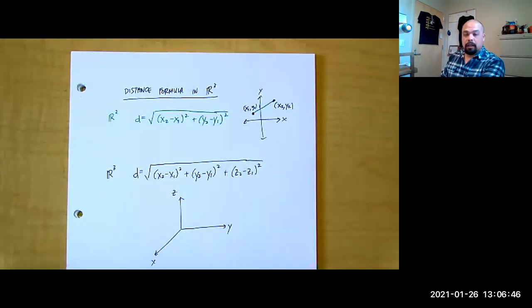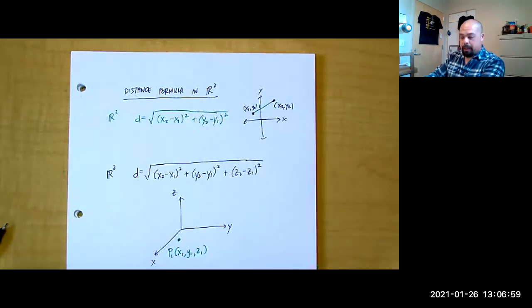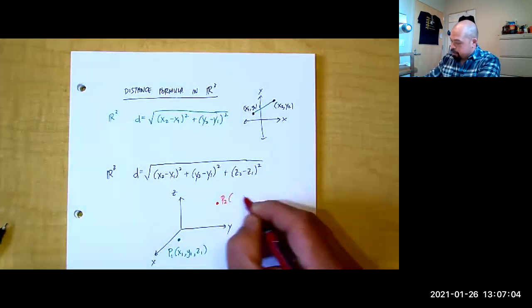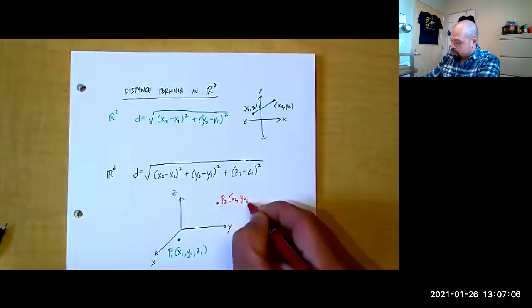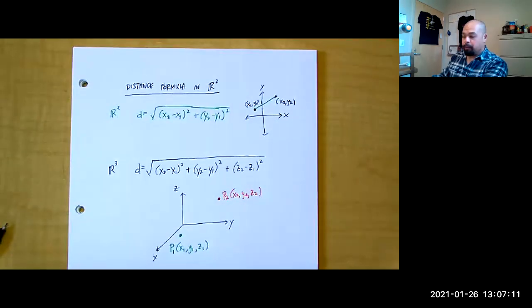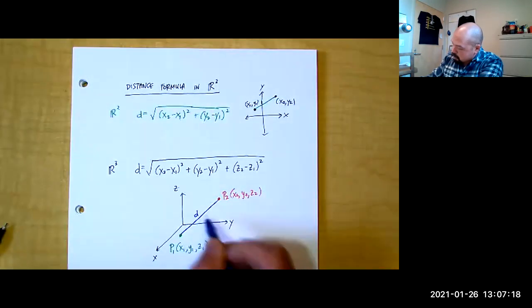And so when we start to look at that, okay, depending where we are, we can have our first point, P1 at x1, y1, z1, okay? Our second point, P sub 2, x2, y2, z2, okay? So now these are just labels for our points, P and Q if you want, point A, point B, and then our distance between the two.